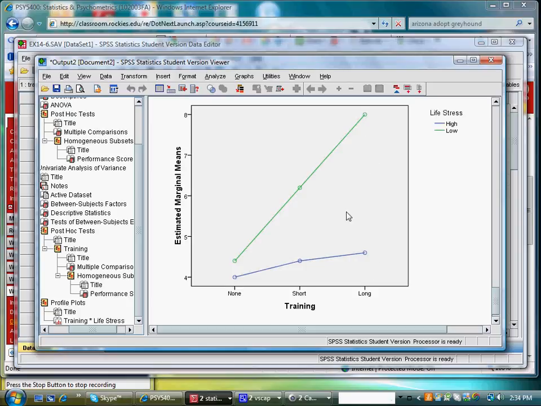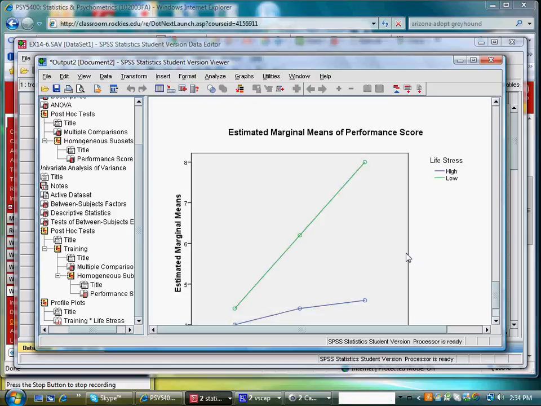So we're not going to want to just summarize the effect of training. We're not just going to want to summarize the effect of stress on performance. We need to talk about them together. So the effect of training is different depending on which level of life stress you're at, and that's the definition of an interaction. So that's what you're going to need to talk about in your discussion. So again, I hope this is helpful, and as always, ask if you have questions.